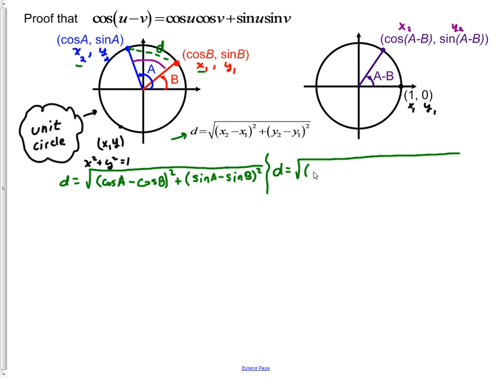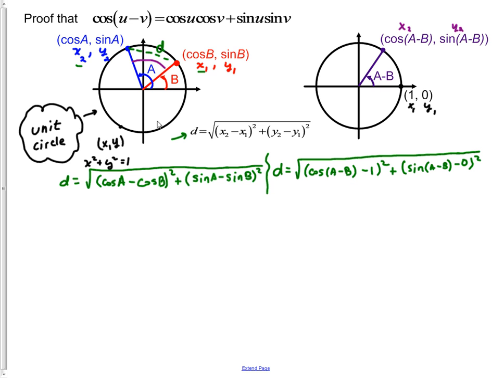So x2 is the cosine of the quantity A minus B, and x1 is 1. So we take that difference and square it, and we're going to add that to sine of A minus B, which is y2, and we're going to subtract from that y1, which is 0, squared.